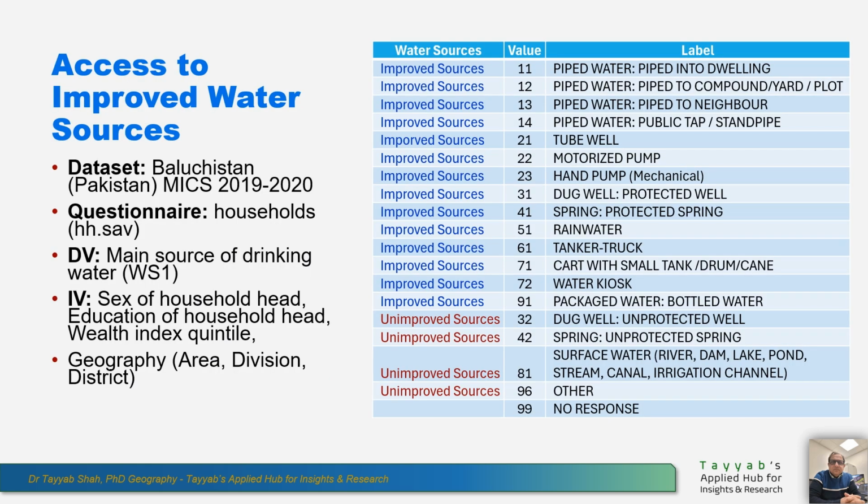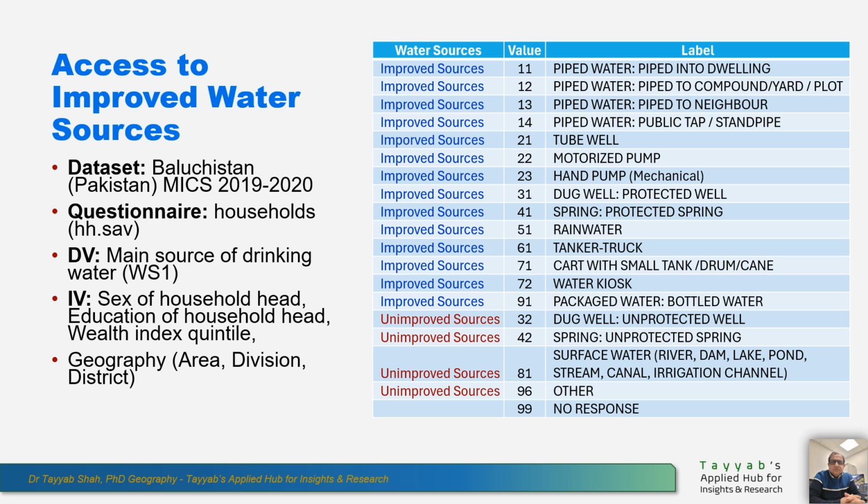Okay, so moving into SPSS, there are a few things we want to recall. Our focus is access to improved water sources. The data set is Balochistan, Pakistan, 2019-20 data. We are using household level survey data, and in SPSS the file is named hh.sav.